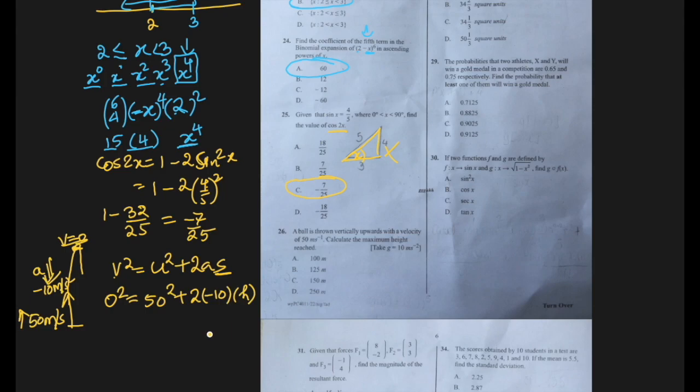And that is actually the height, and we'll find it out. So 0 is equal to 2500 minus 20h. Let's bring 20h to the left side. 20h equals 2500. Divide both sides by 20. 250 divided by 2 is 125 meters.